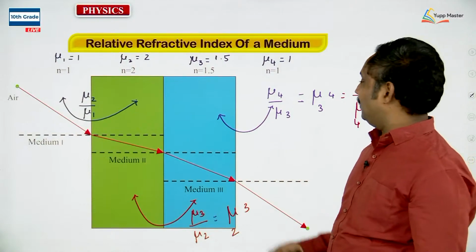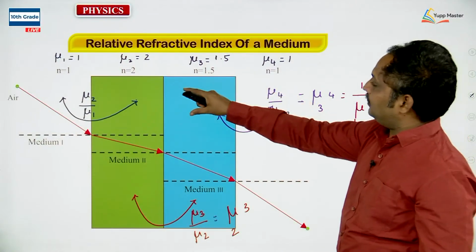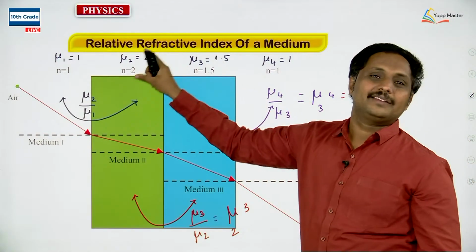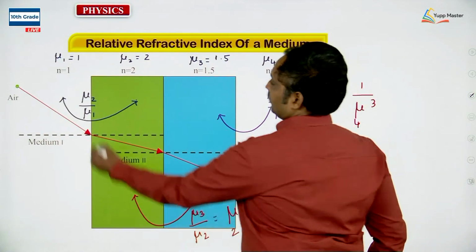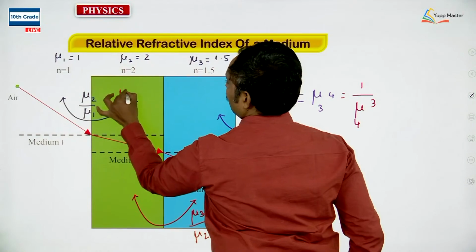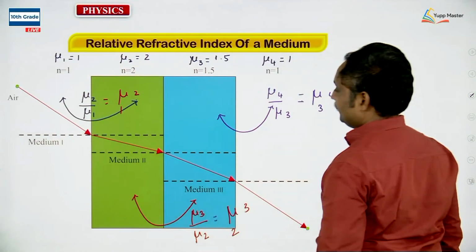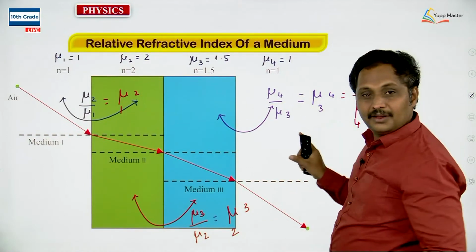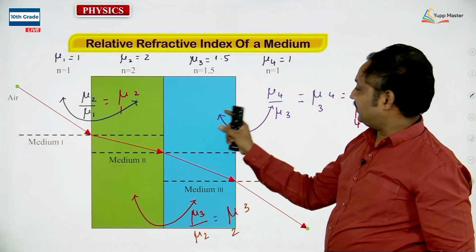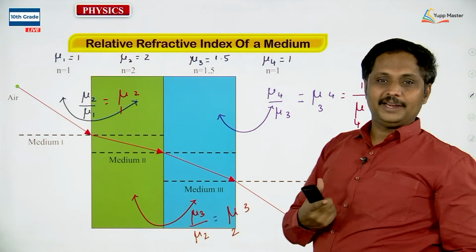Let's see in the problem. It is very clear, all about this relative refractive index concept. You may extend this to many objects which are very transparent.